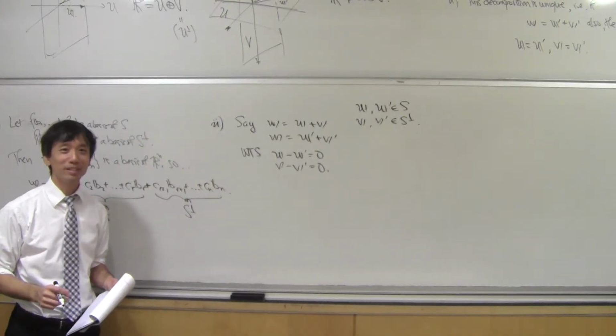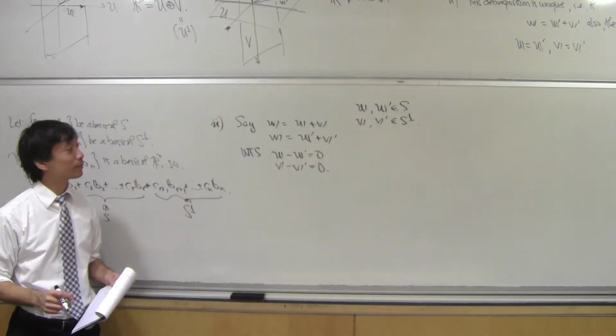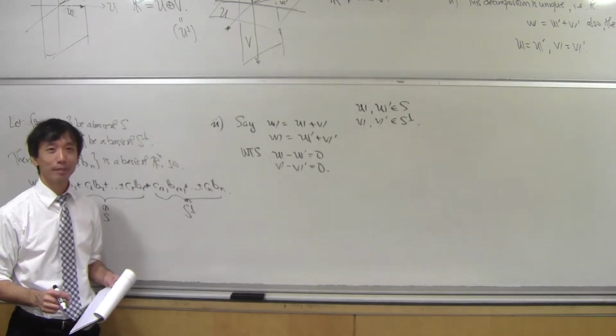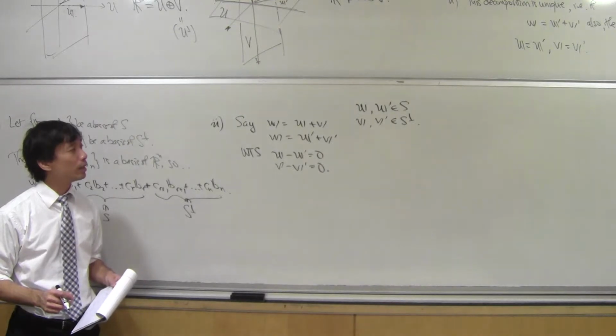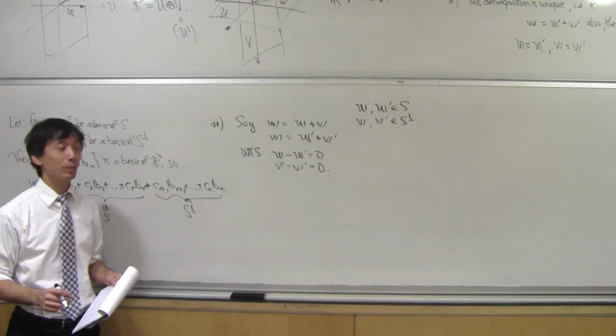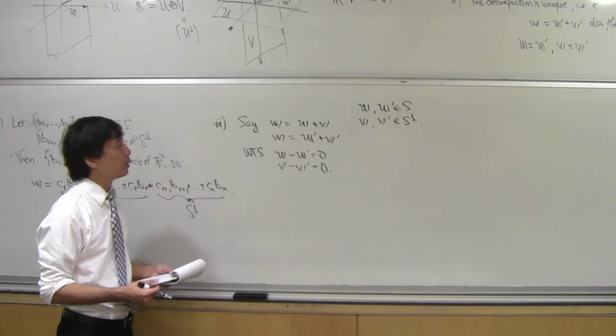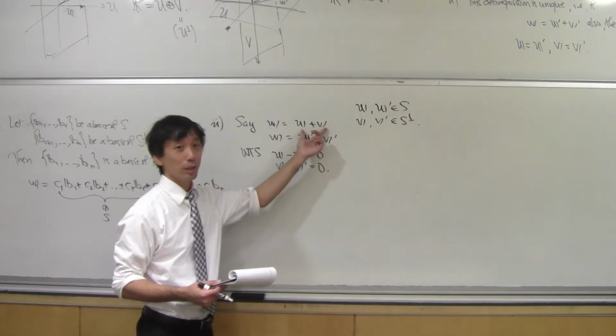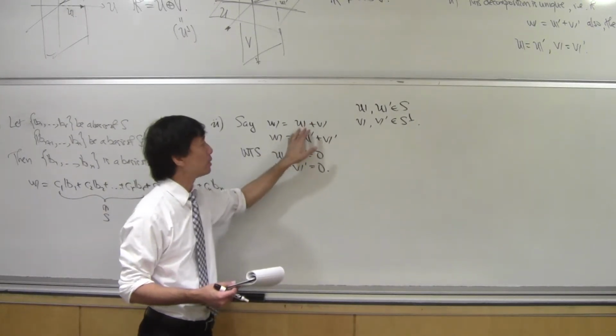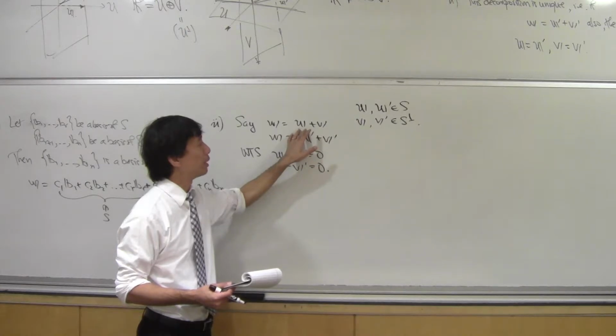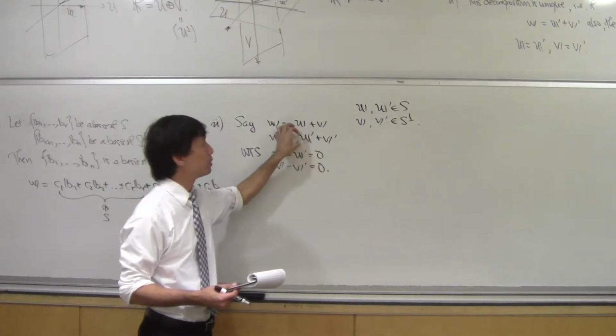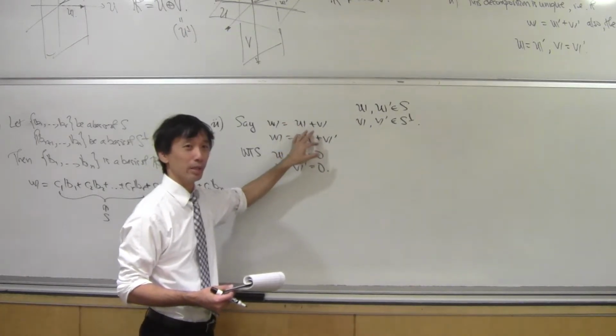Isn't that like the extra question on the midterm, where you have a basis and they should be able to express it uniquely? Not exactly. Because this is within one space, you're wondering if within that one space there are multiple ways of doing it.